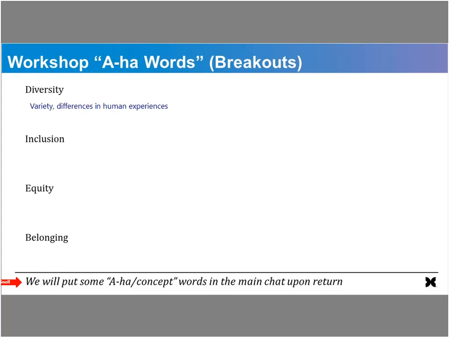Antoinette, in terms of inclusion, is including all thoughts and ideas. For sure, and thank you for sharing all of those aha words that you have shared together in the breakout room, because a diverse and inclusive culture, as you have mentioned here, means every employee is supported, accepted, respected, and safe at work.